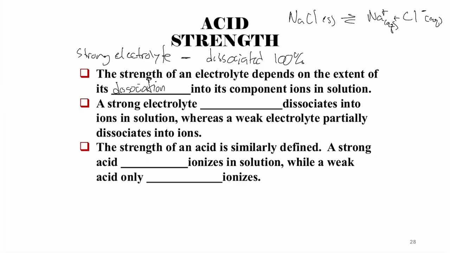So a strong acid is going to dissociate its proton 100% of the time. A strong base is going to dissociate hydroxide ion 100% of the time. So this is going to completely dissociate into ions in solution.